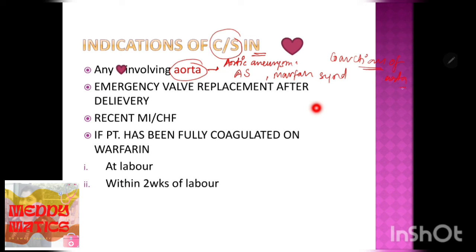So these are four things. Any heart disease involving the aorta, majorly aortic aneurysm, aortic stenosis, Marfan syndrome with aortic involvement, coarctation of aorta.